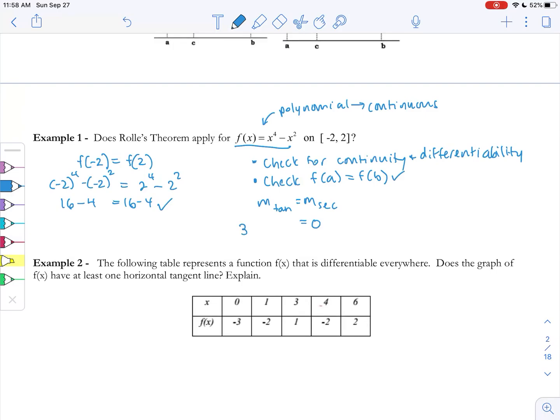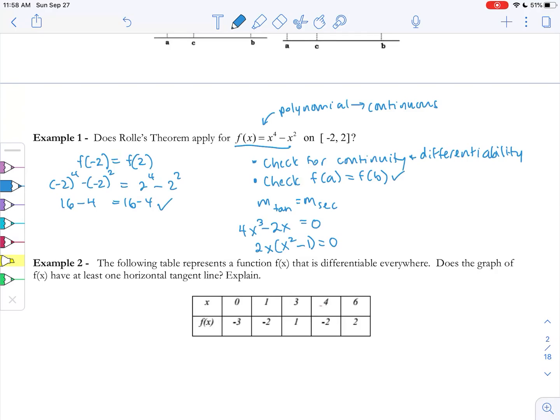So, by the power rule, 4x cubed minus 2x, and then we can factor out a 2 and an x to get 2x times 2x squared minus 1 equals 0.